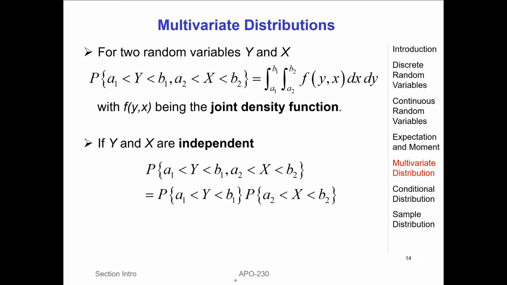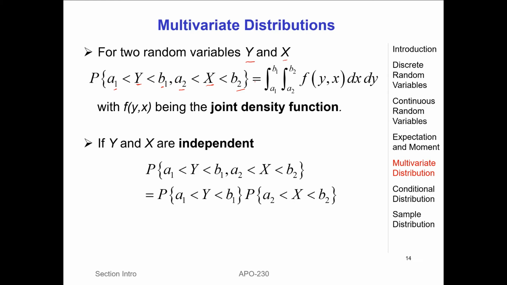So if we have two random variables, y and x, then we want to figure out what is the probability that y falls in a certain range, A1, B1, and x in turn falls in a certain range, A2, B2.